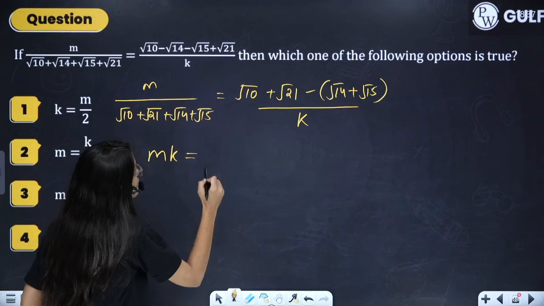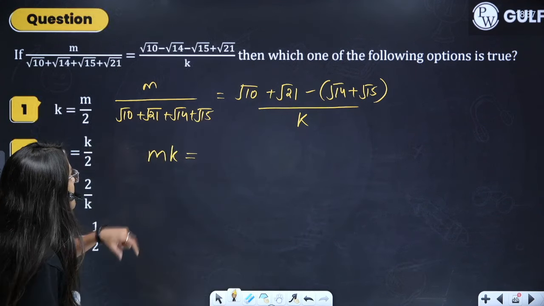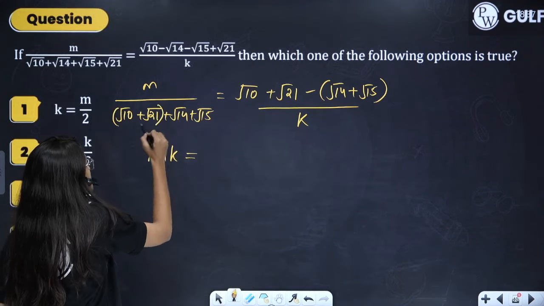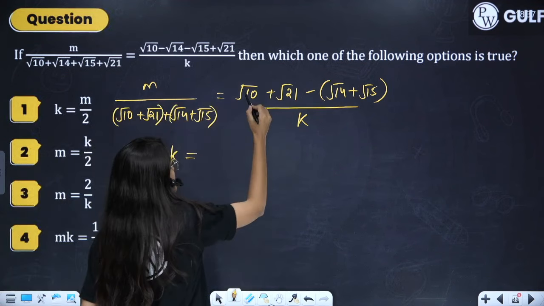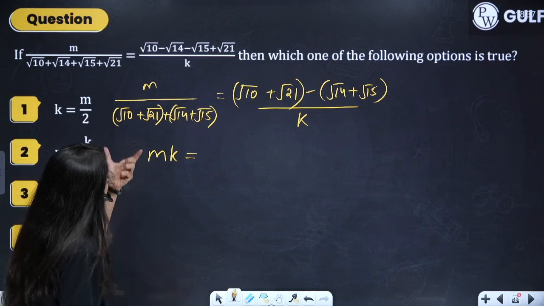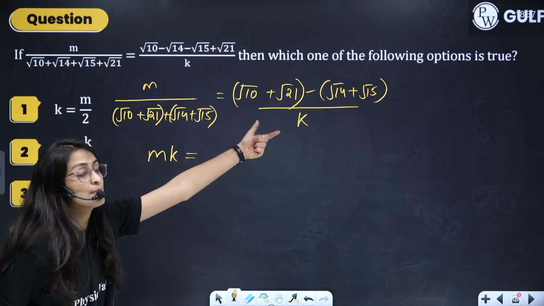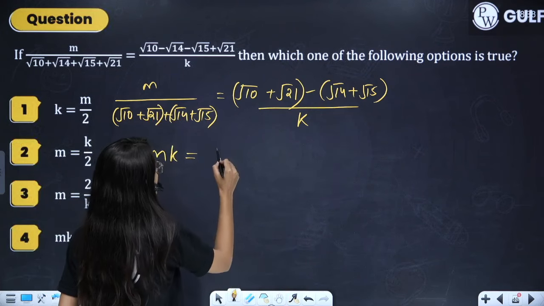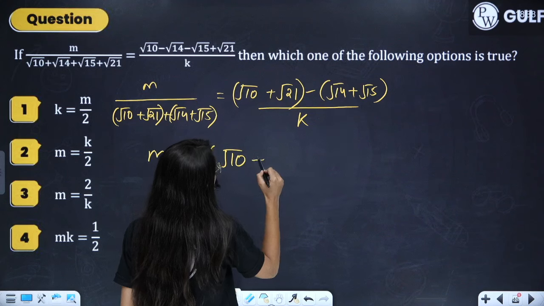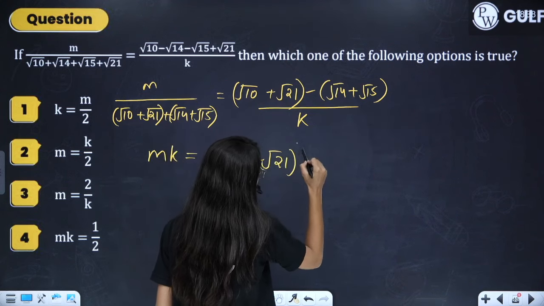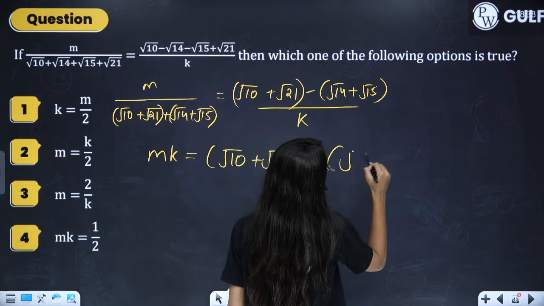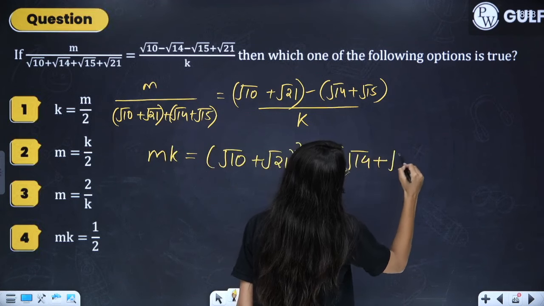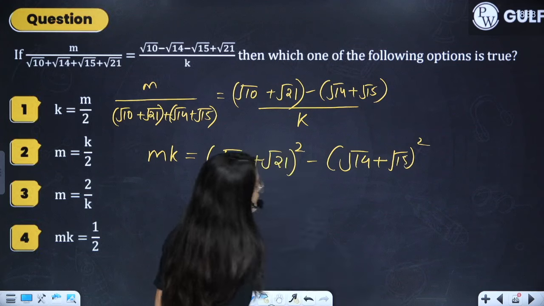So mk would be giving you... see here, observe one pattern. If I assume this whole term as A and this whole term as B, what am I getting? I'm getting A plus B multiplied by A minus B, which will give me A square minus B square. So straight away write down: the root of 10 plus root of 21, whole square, minus root of 14 plus root of 15, whole square, right?